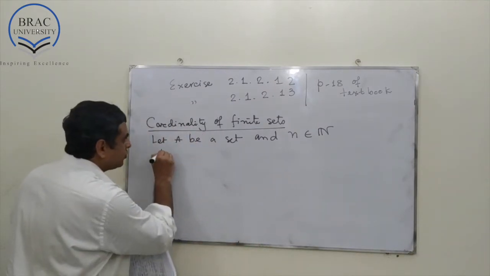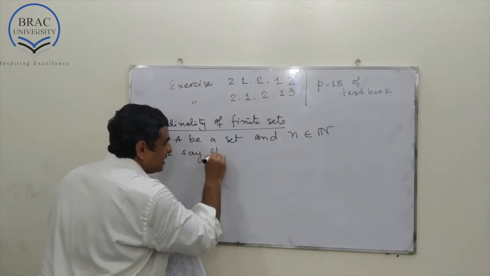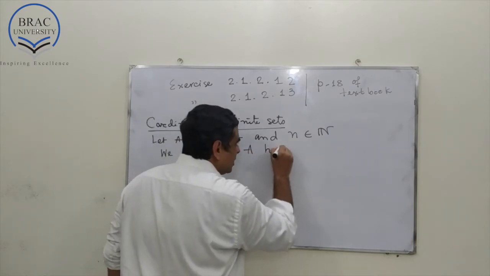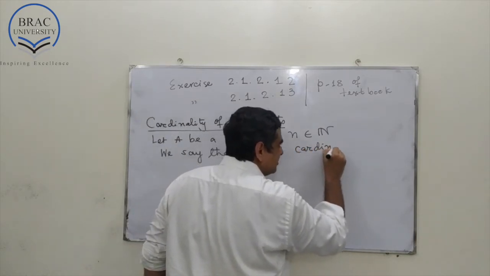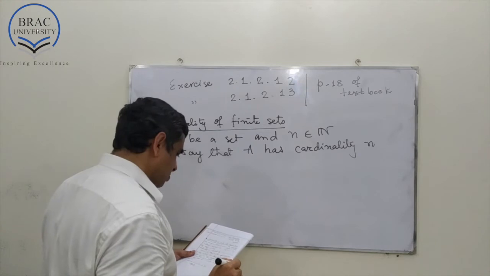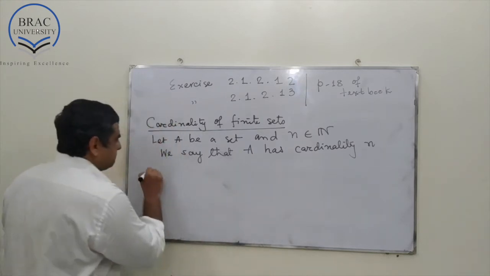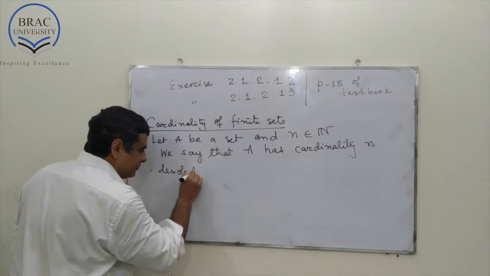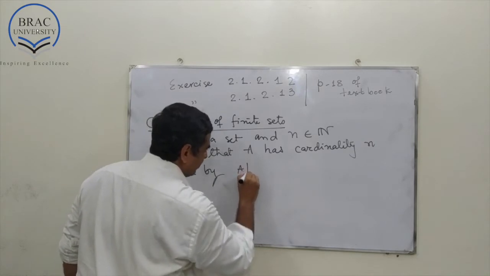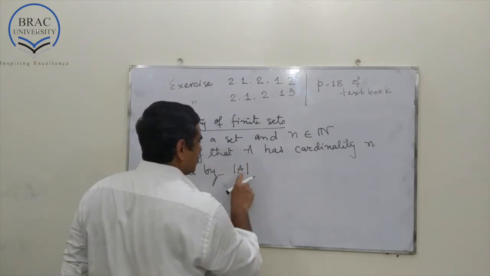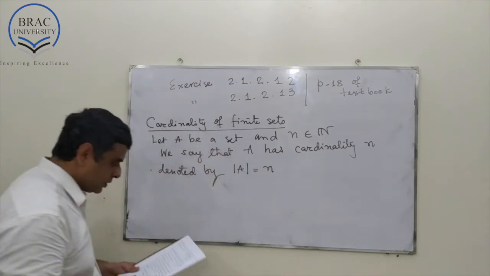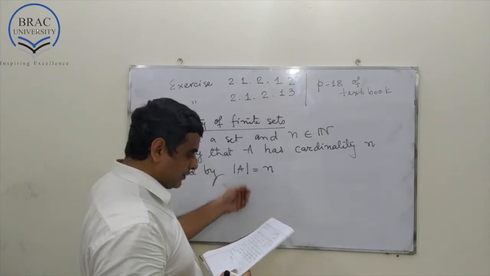We say that A has cardinality n, denoted by: we place the set A between vertical bars, and that is equal to n. This is how we denote the cardinality of the given set A.